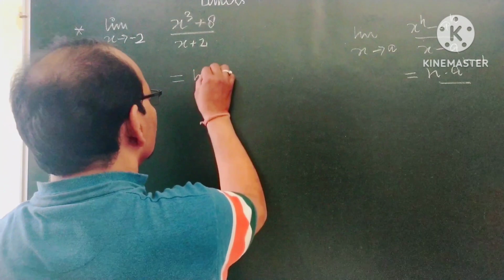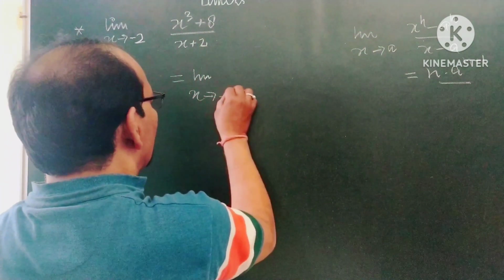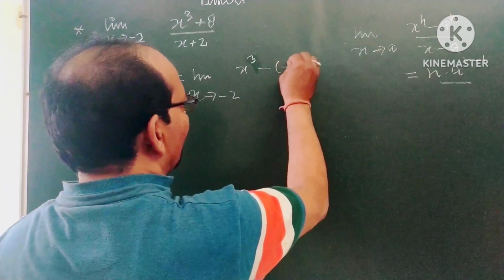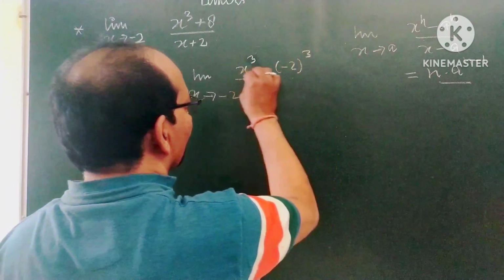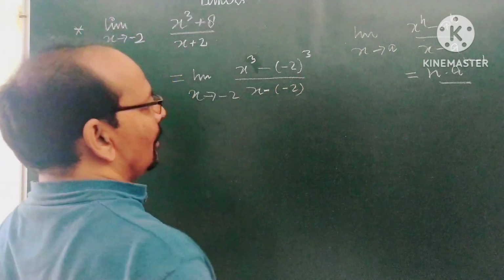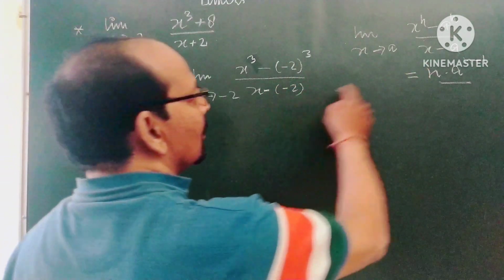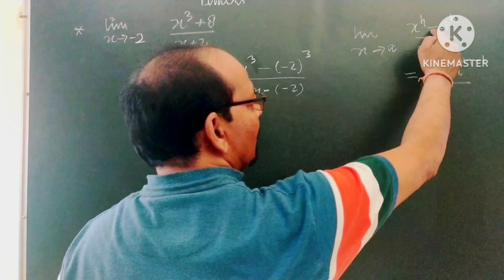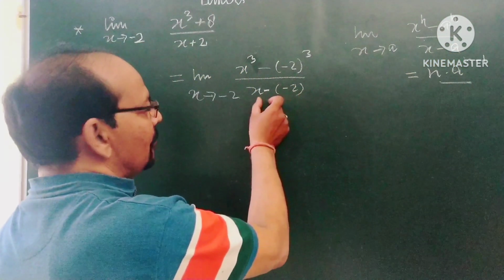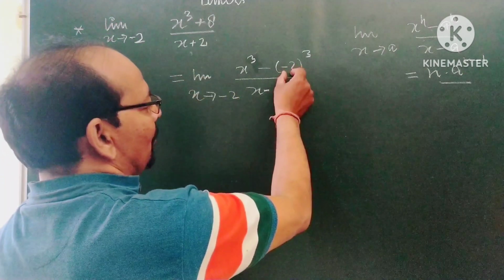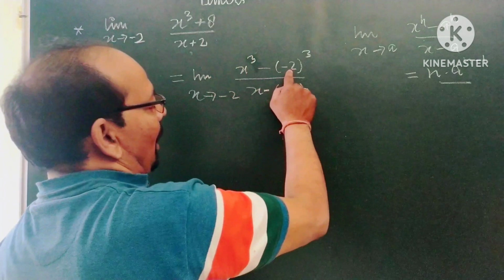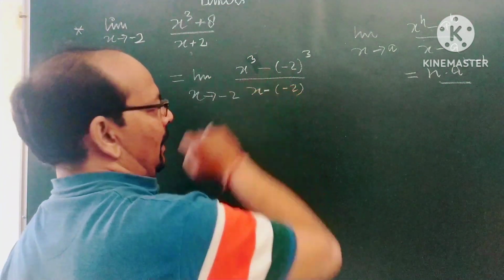There will be limit x tends to minus 2 of x cube minus 2 cube upon x minus 2. Compare with this formula, the numerator and denominator will both be minus. Minus 2 multiplied by this will be x plus 2, and minus 2 cube simplified will be minus 8, and minus minus 8 is plus 8.